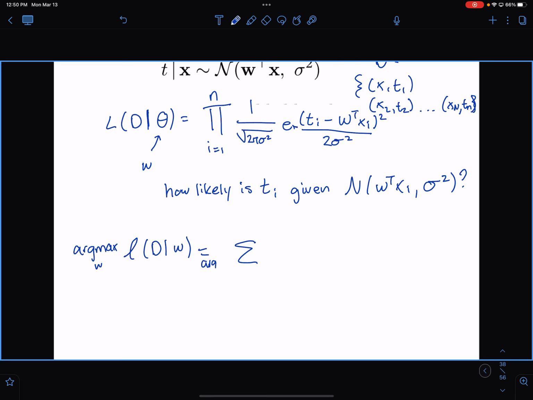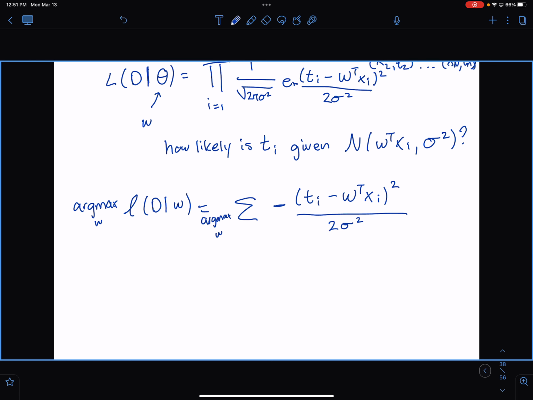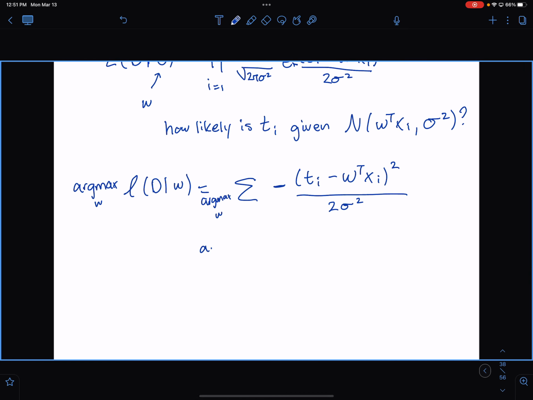Equals argmax over W, we have minus. And finally, if you're trying to maximize with respect to W a negative expression, we apply the trick we did before, where it's the same as minimizing W.